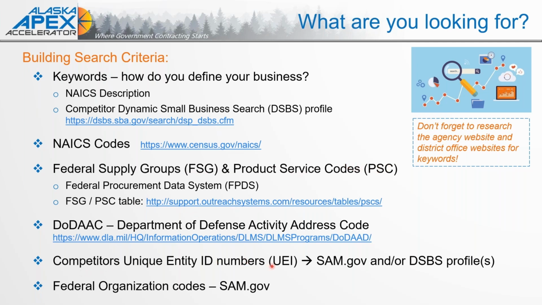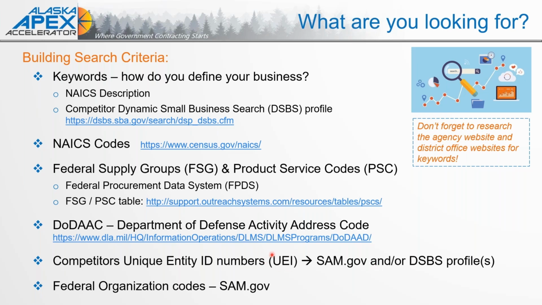We can also even do a search based on our competitor's unique entity ID, that UEI, and we can look at their SAM or DSBS profiles. So if we go into SAM or DSBS and look up their business name, we can get that UEI, and we can see how they are defining what they're doing.